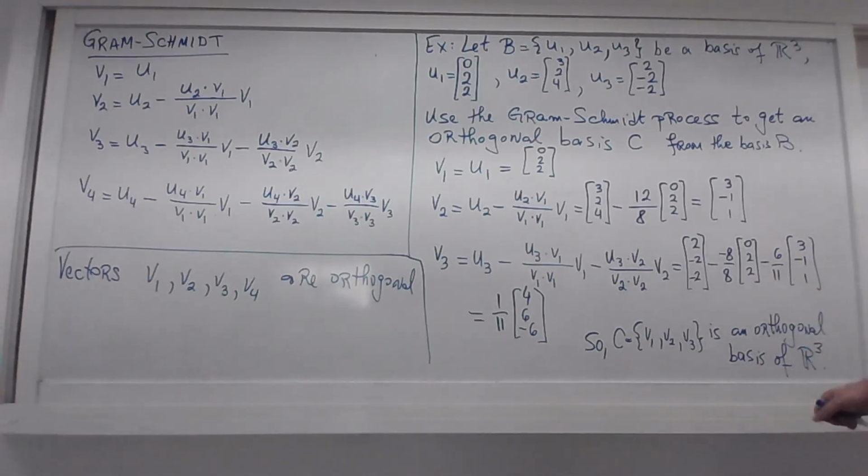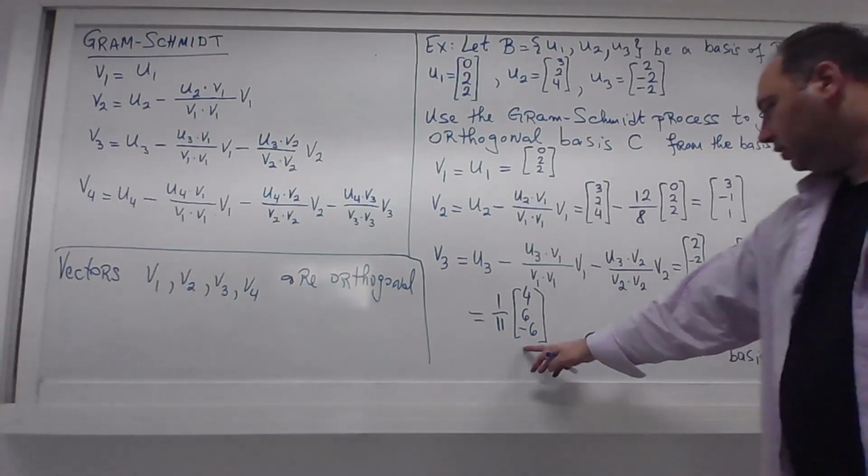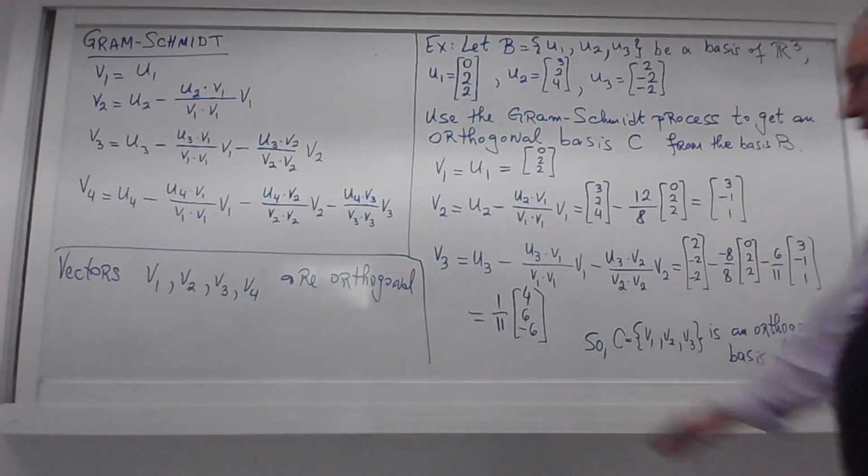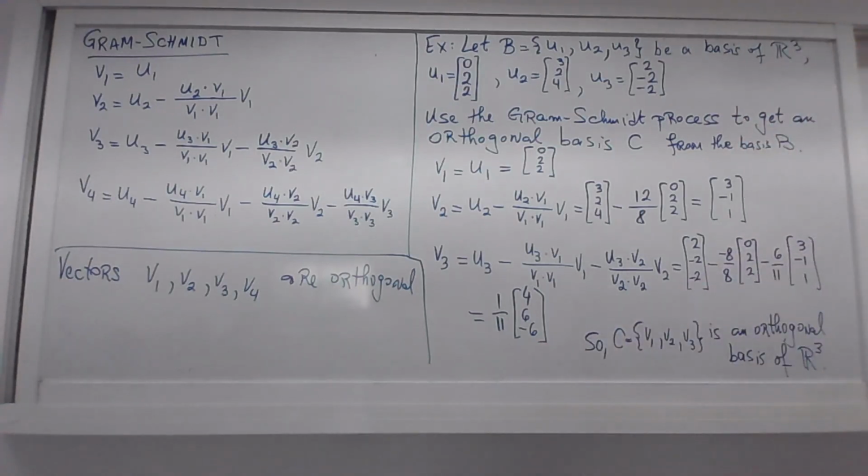And downstairs is V2 dot product V2, so we have 9, 10, 11. That's what you have, times V2. Now you regroup everything, shake it a little bit, and then you get this vector here. This vector is vector V3.